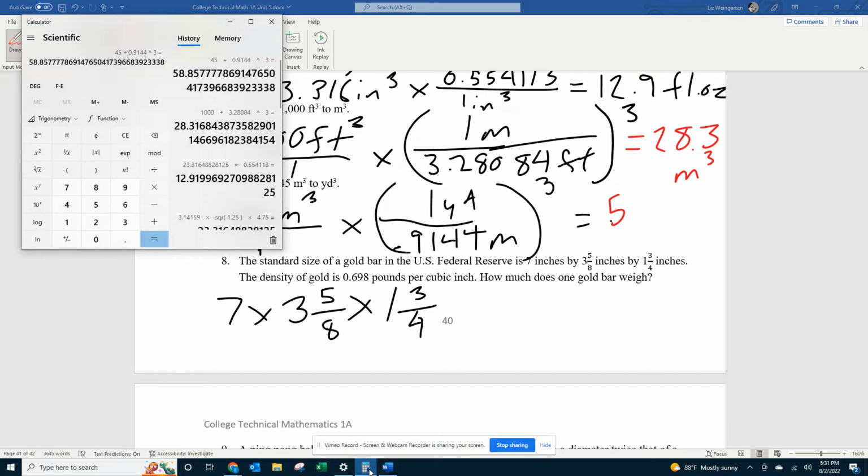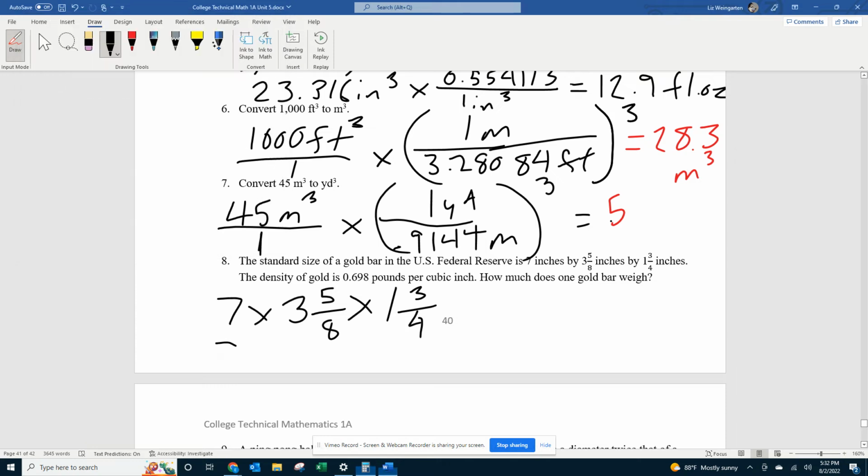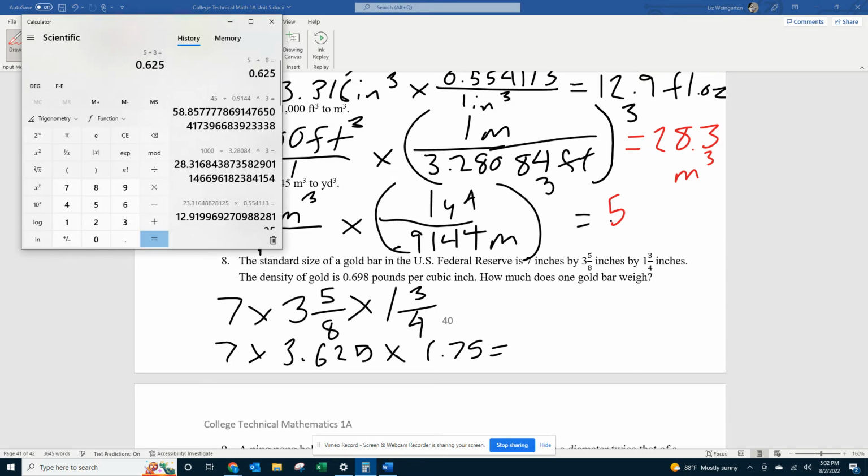So let's do a reminder on what 5/8 is. 5 divided by 8 is 0.625. So this is going to be 7 times 3.625 times 1.75. Much easier way to figure this out.